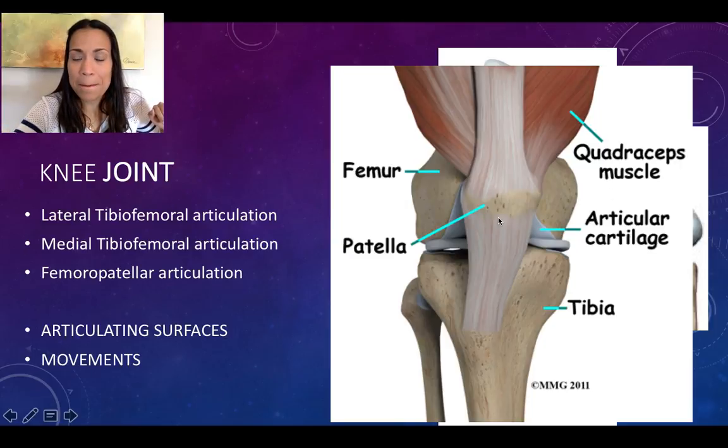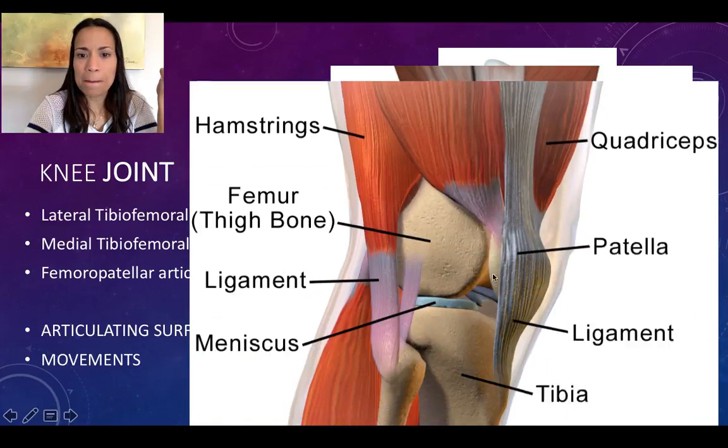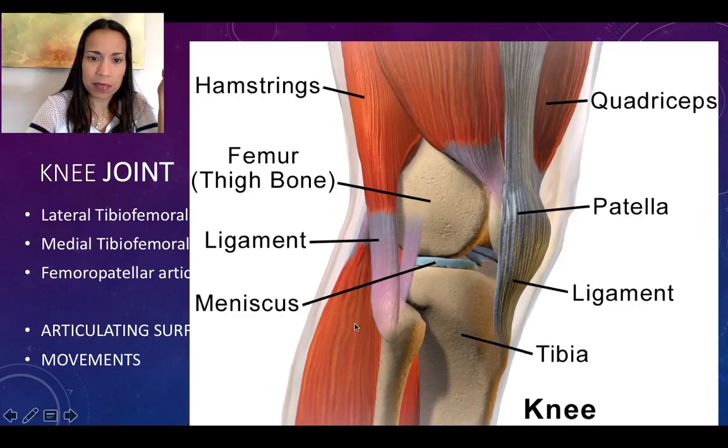From the apex of the patella to the tibial tuberosity is where we're going to find the ligament, the patellar ligament. So this is a tendon, this is a ligament. And in this picture, at least they spelled correctly quadriceps, patella, patellar ligament, tibia.